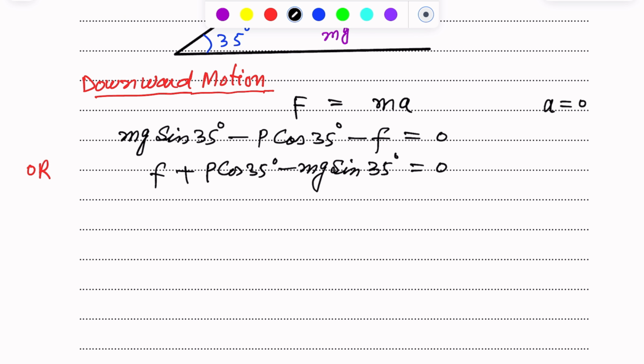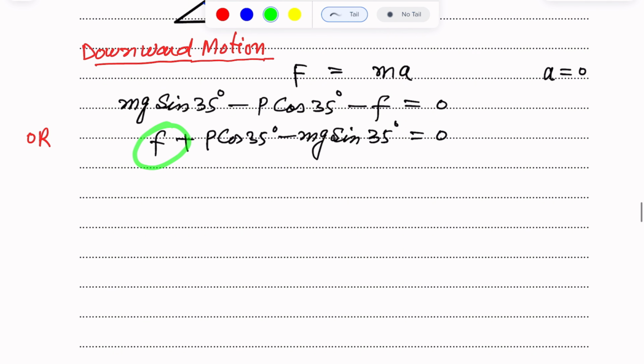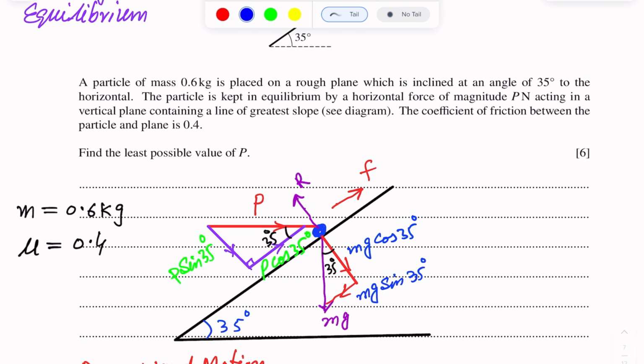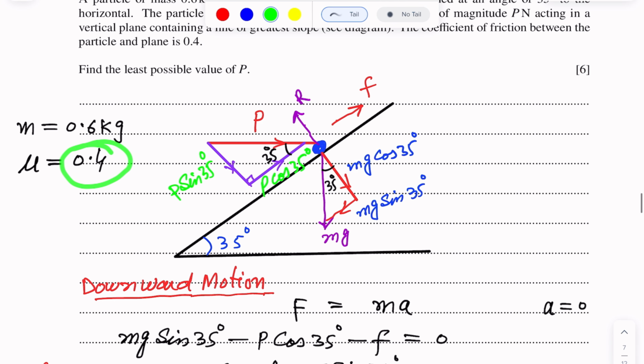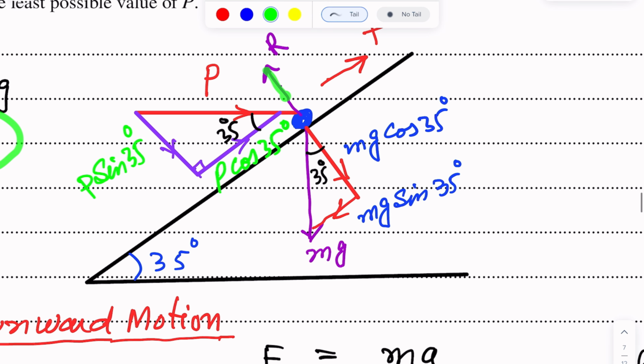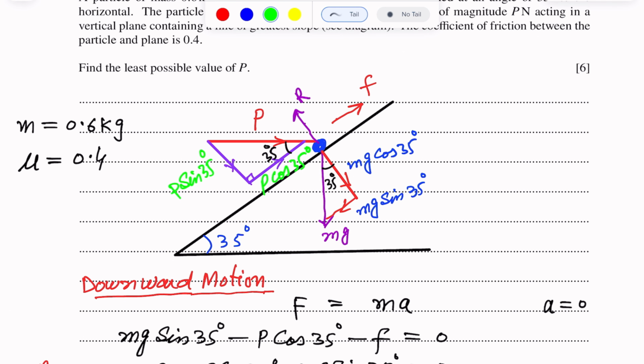Now we will find F. F is the force of friction, F is equal to mu R. Mu is the coefficient of friction, given in the question as 0.4, and we have to find R. In the diagram, this R, the normal reaction, is acting up the plane, and there are two forces acting downward, this and this force.